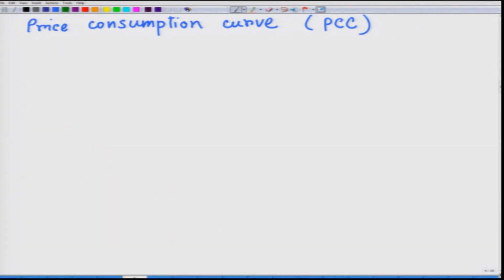So, now we are going to assume the price of commodity 1 goes up, while the price of the other commodity stays constant and money income does not change either. Now, let us look at the graph.